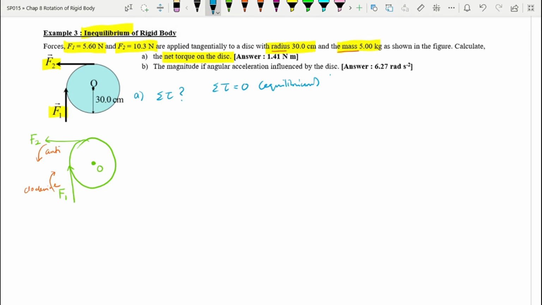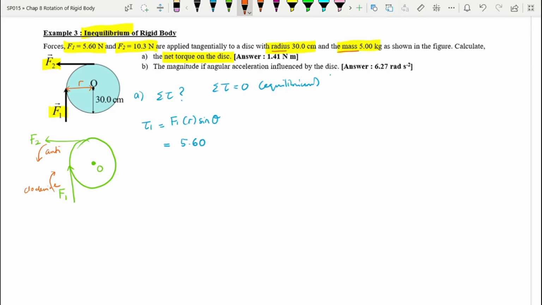Okay, so first kita kira dulu torque 1. Okay, torque 1 adalah F1 R sin theta. Dan it should be F1 punya value kita substitute 5.6. R kita adalah radius lah kan. Sebab from F to R, okay, so ini adalah R. So dia adalah jarak antara axis of rotation to the force applied.